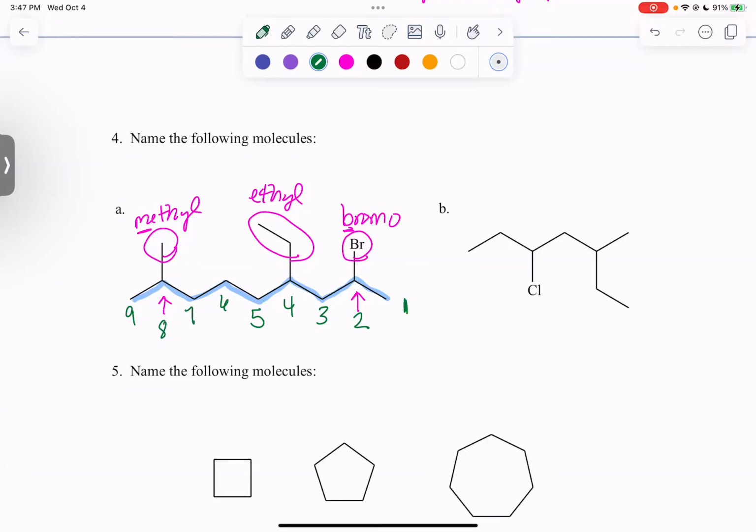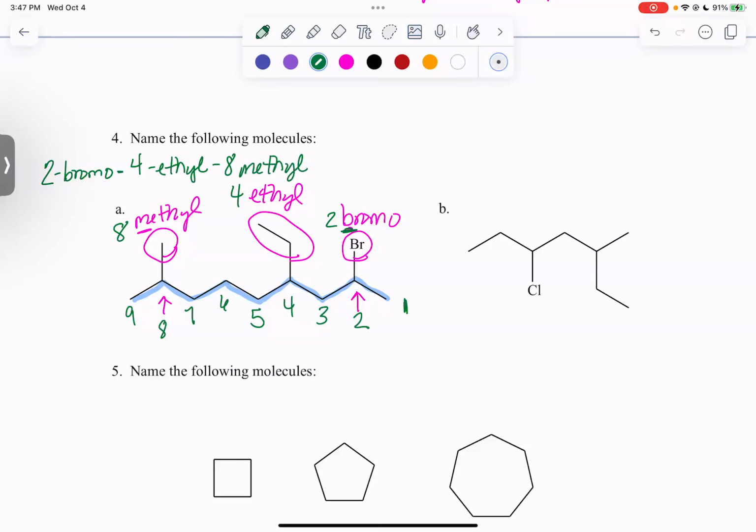So that's why I would number it in this direction. So my bromo is a 2, my ethyl is a 4, my methyl is an 8. And so I would name this alphabetically. First one is bromo. So 2 bromo dash 4 ethyl dash 8 methyl.